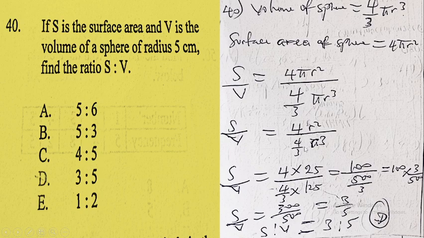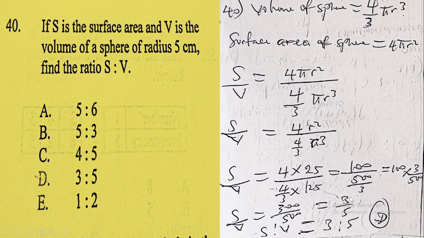From there, you are given the radius as 5. You can put the value of the radius here. 4 times 25 here. Then 4 over 3 times 125. Then this will give us 100. 4 times 125 gives us 500, divided by 3. So that means we have 100 divided by 500 divided by 3, which you can change to times: 100 times 3 over 500. 100 in 500 will give us 5.